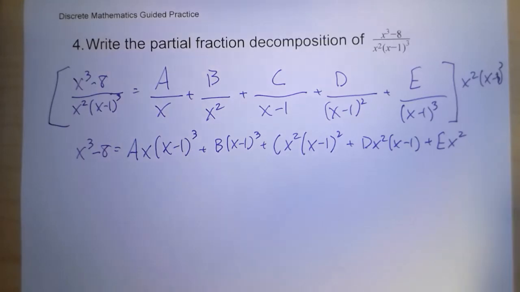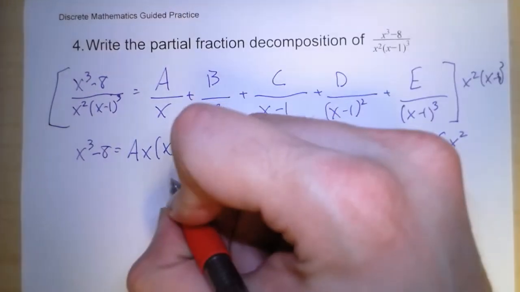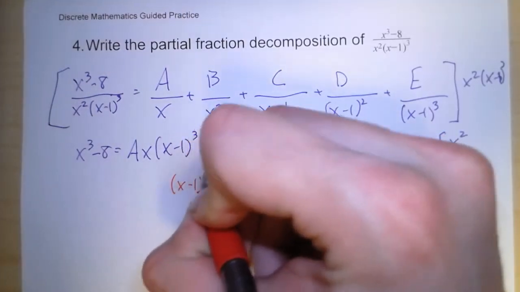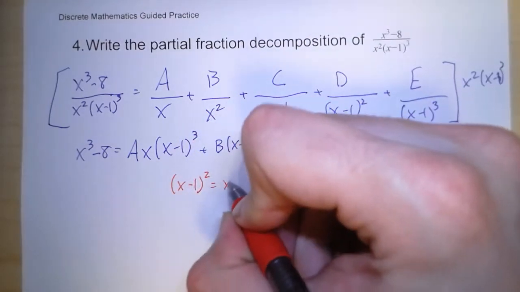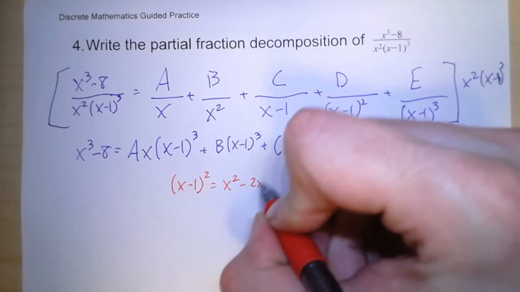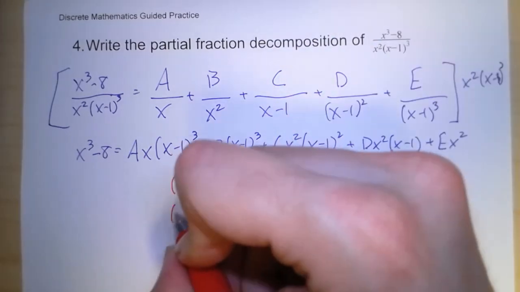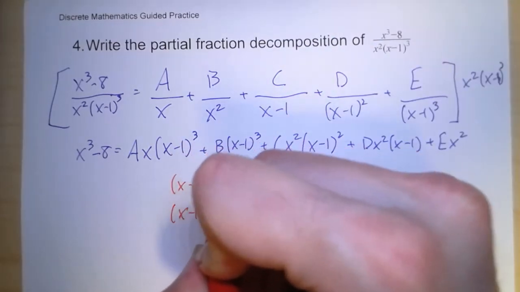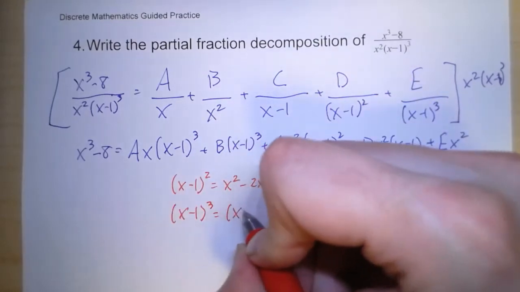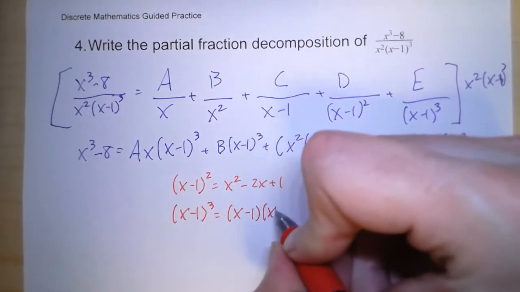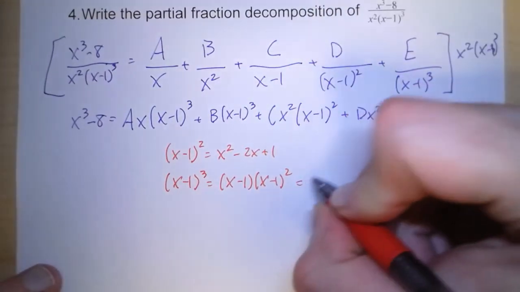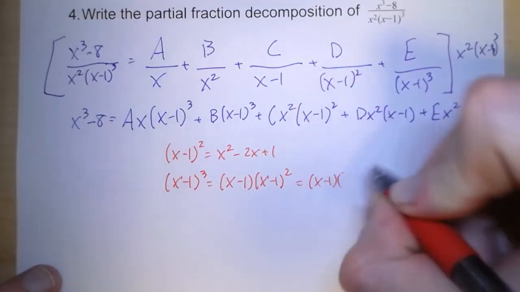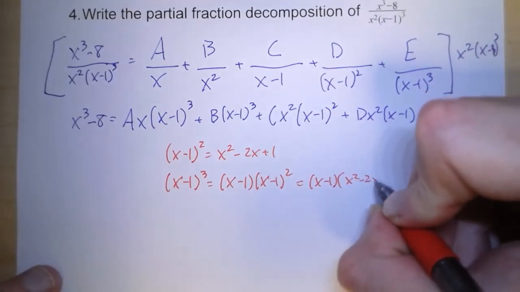Now let's do this off to the side just for reference. We're going to need x minus 1 squared. Now if we expand that out, that's going to be x squared minus 2x plus 1. But x minus 1 cubed, that's the same as x minus 1 times x minus 1 squared. So that's going to be x minus 1 times x squared minus 2x plus 1.